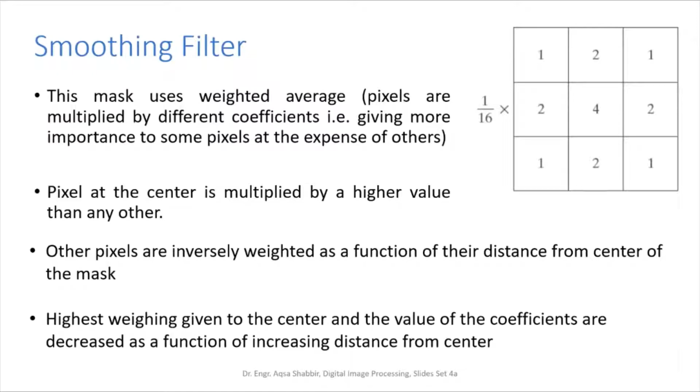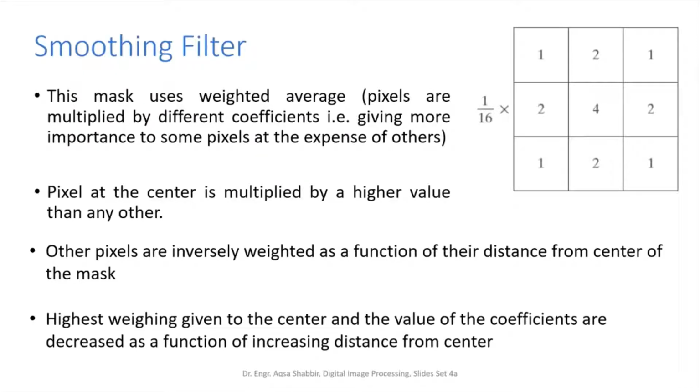The other pixels are inversely weighted as a function of their distance from the center of the mask. The diagonal coefficients, or the diagonal terms, are further away from the center than the two horizontal and vertical neighbors, and thus the diagonal neighbors are weighed less than the immediate neighbors of the center pixel.